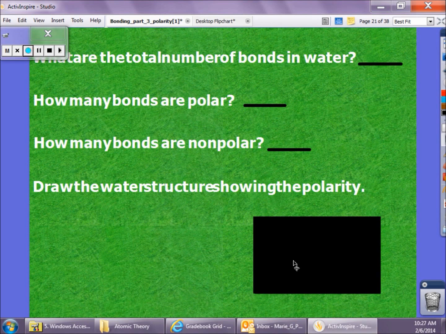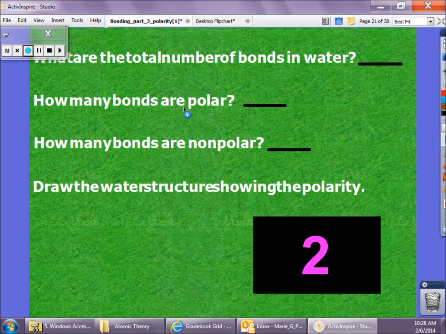Both of them are polar. I'm sorry, how many are non-polar? 0 are non-polar. 2 are polar. There are only 2 bonds, and both of them are polar.